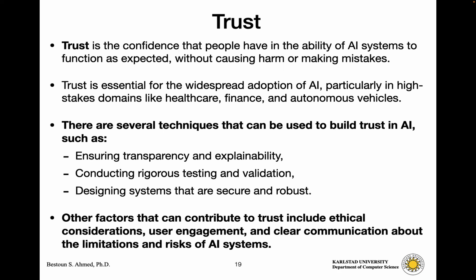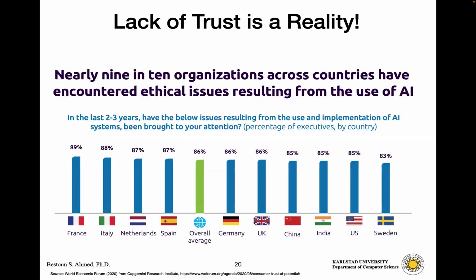Security and robustness also are very important. For example, if you follow these things, that will build the trust for the AI system. Lack of trust is a reality nowadays. A lot of people do not trust AI.